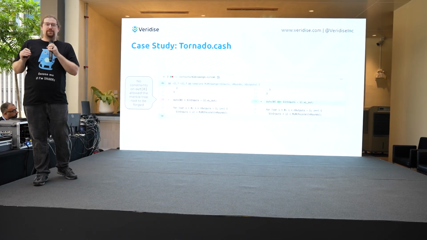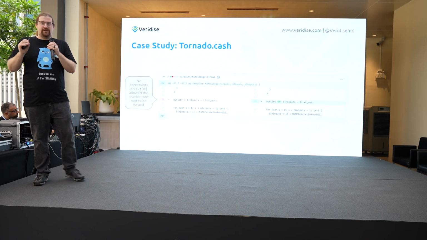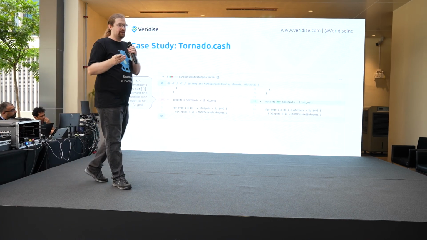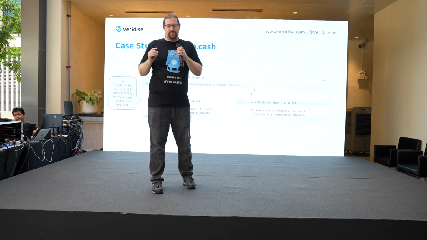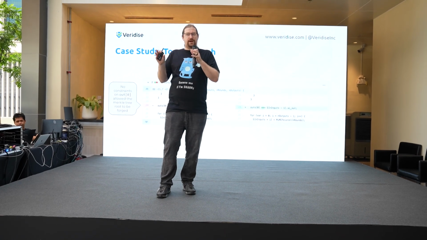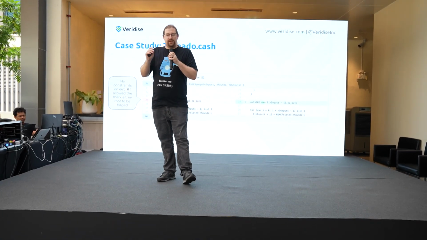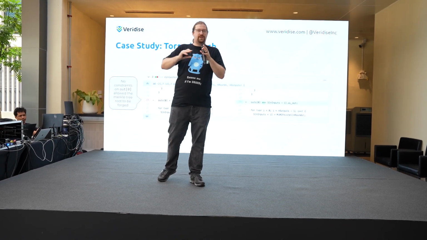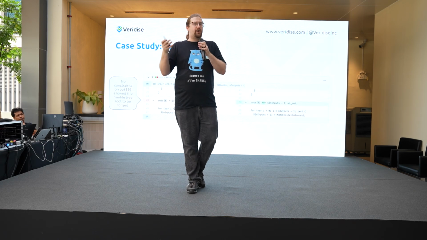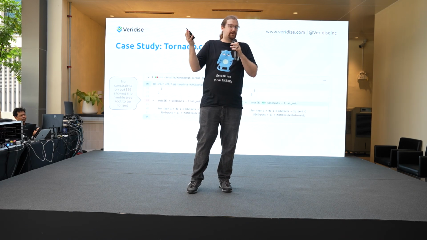Because Tornado Cash relied on a Merkle tree to store user balances, basically what someone could do is supply a Merkle tree that wasn't actually valid, but then they could overwrite the root. Essentially, they've got a Merkle tree that does not actually hash to the correct root, but you could provide an alternate witness where you say that it does. And then as a result, you could request that Tornado Cash withdraw whatever they want.